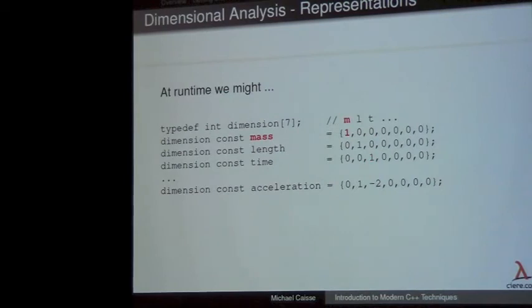And then we can figure out what power we're going to have. So mass, length, time are simple, and acceleration then of course is length divided by s squared, or times s to the negative second power, right? So we have a way to describe this. This is great during runtime, not so helpful though during compile time.